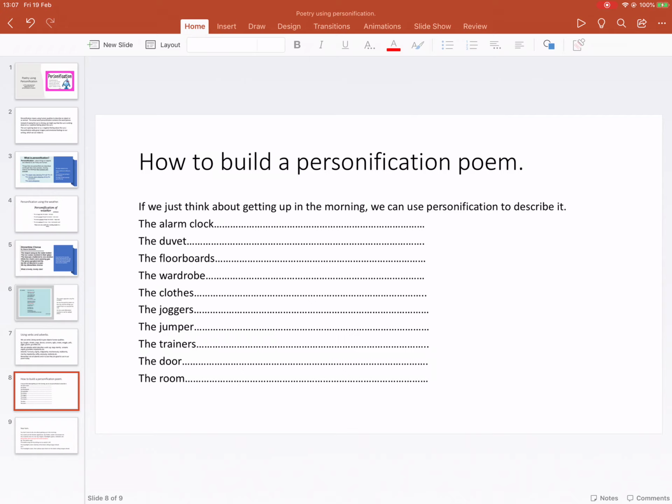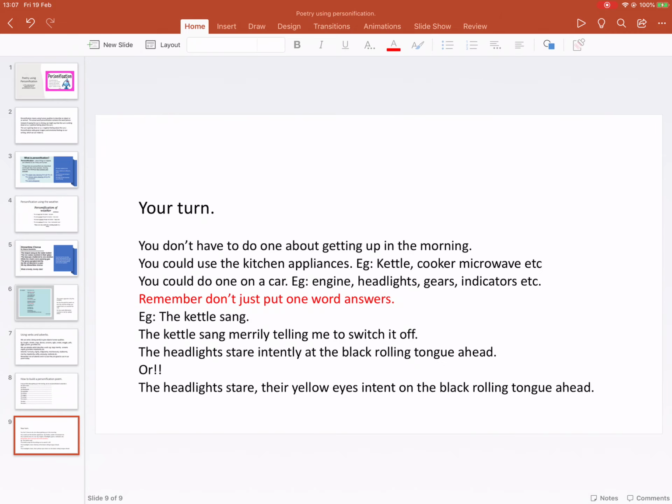You don't have to use getting up in the morning. I've got a couple of ideas on the last page. So it's your turn. You don't have to do one about getting up in the morning. You could use kitchen appliances, so the things you have in your kitchen, like your kettle, cooker, microwave, etc. Or you could do one in a car.